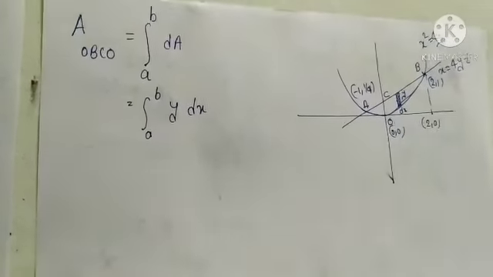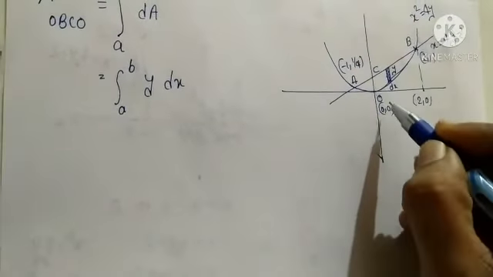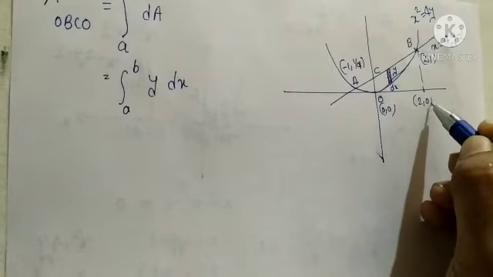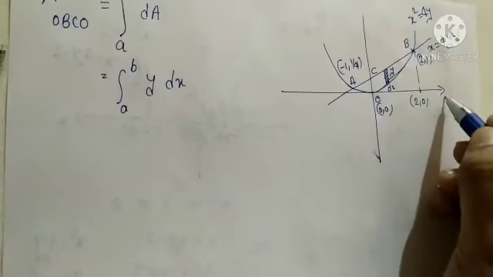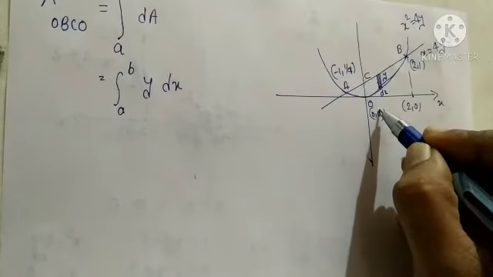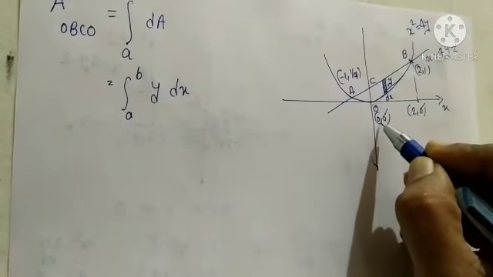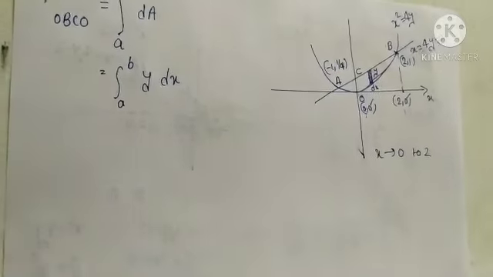I am going to find out the limit here. So here look at these two points, 0, 0 and 2 comma 0. If we take a vertical strip, the limit depends only on the x axis, right? So here the y axis is the same, but the x axis changes from 0 to 2, right?